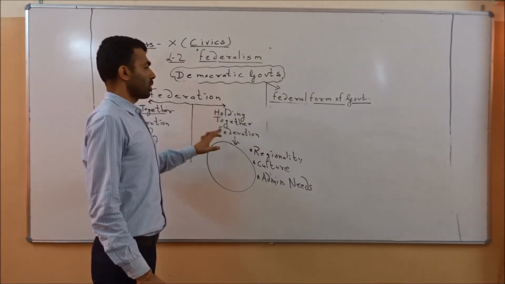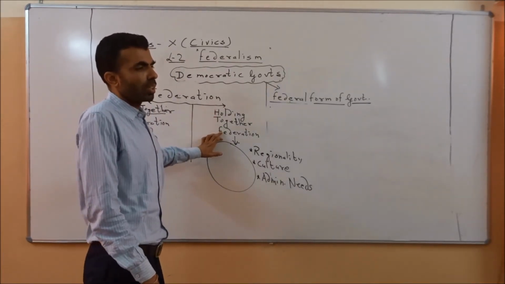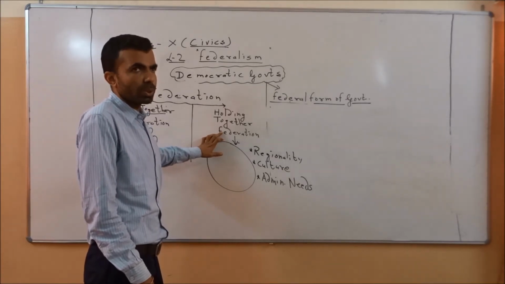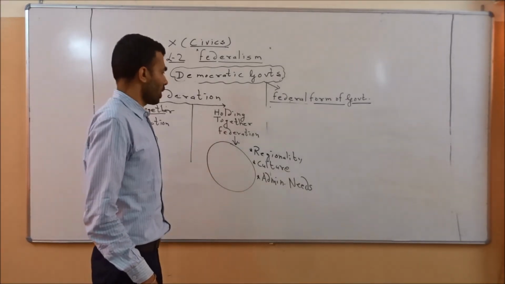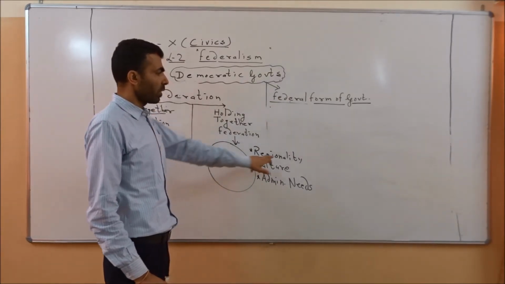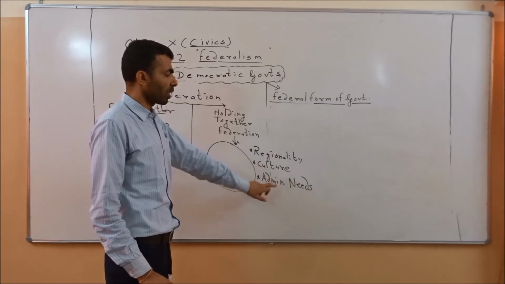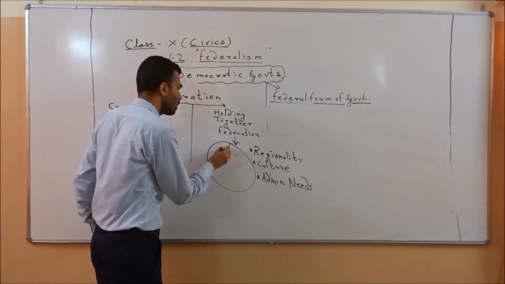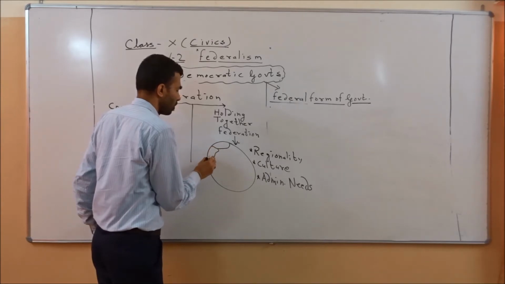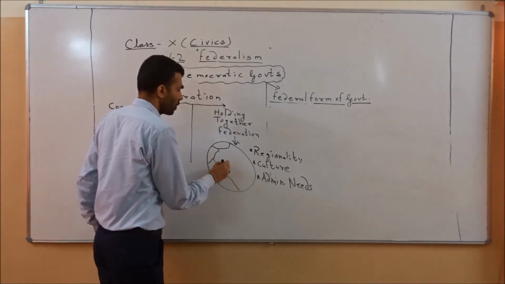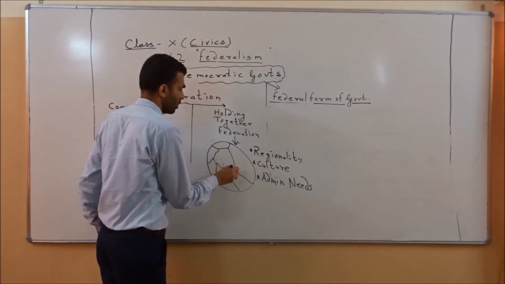Holding together federation is that type of federation in which a bigger country, maybe like India, maybe like Russia, decides, considering regionality, culture and administration needs, to constitute separate states, so they can deal with the diversity in a better way.